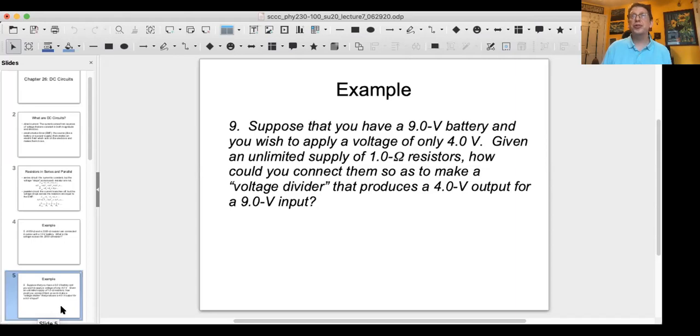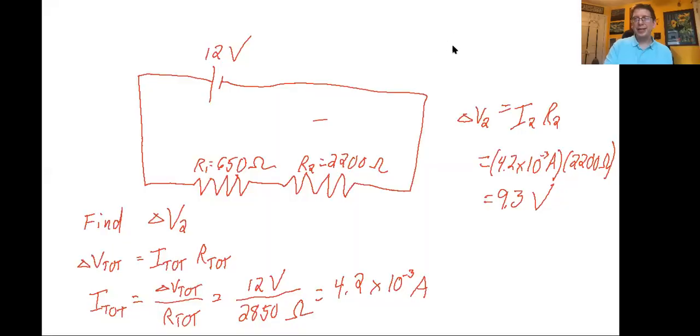So what you can do is connect your combination of resistors, called the voltage divider, in series with your load. So just to visualize what's going on here, again, the numbers don't really matter. You know that you have 9.0 volts coming out.